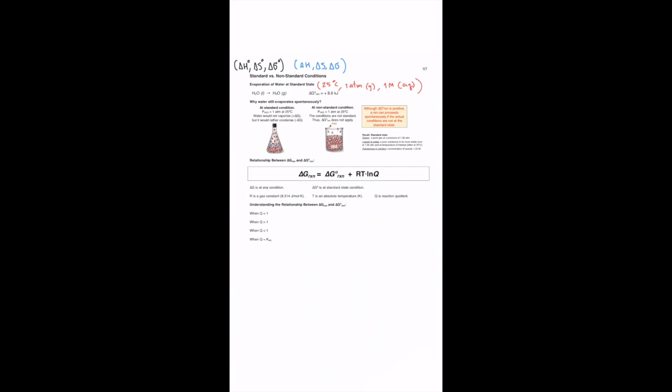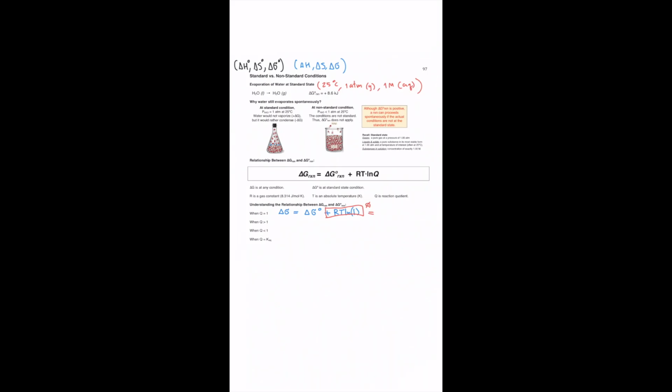When Q is equal to 1, we know that the delta G at the non-standard would equal the delta G at the standard condition. If you replace RT ln Q, with Q equal to 1, you will see that this term would eventually equal 0 because the natural log of 1 equals 0.